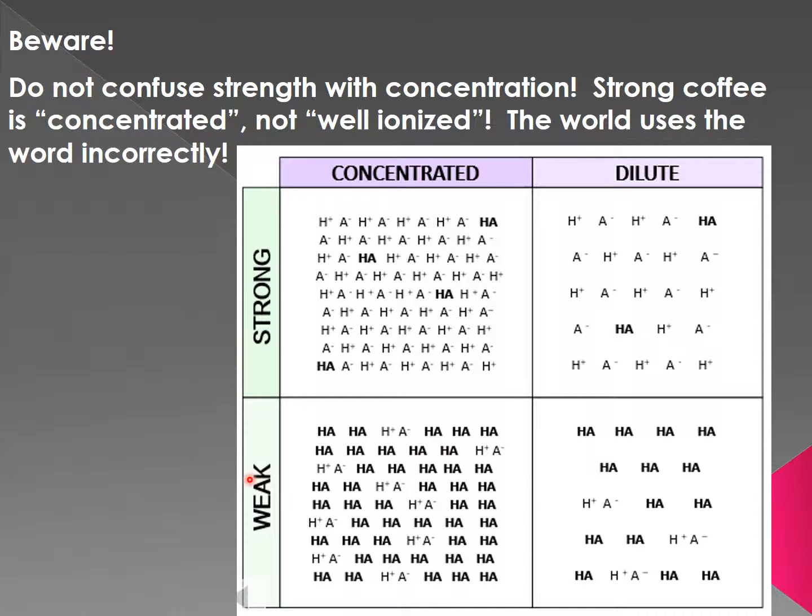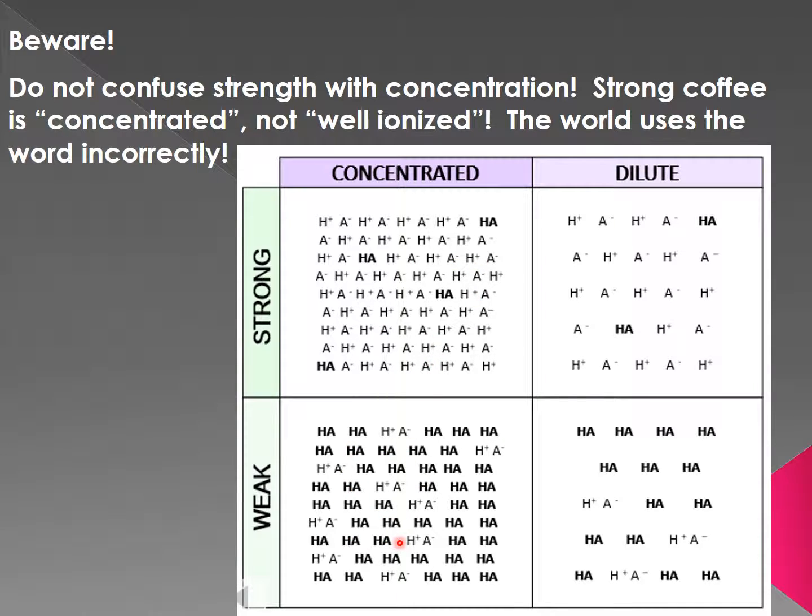Now look down at the row of the weak acids. In the concentrated representation here, we have a whole lot of HA's and only a few H's and A's have separated. In this case, this solution is just as concentrated as the one above it. There are the same number of H's and A's in the top as there are in the bottom.